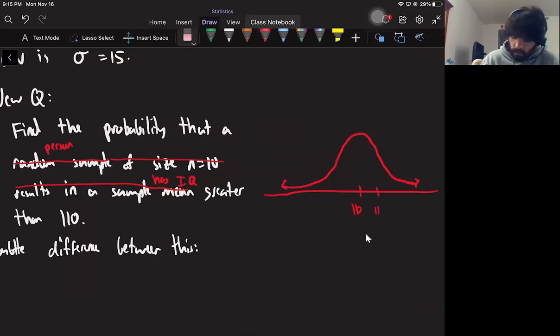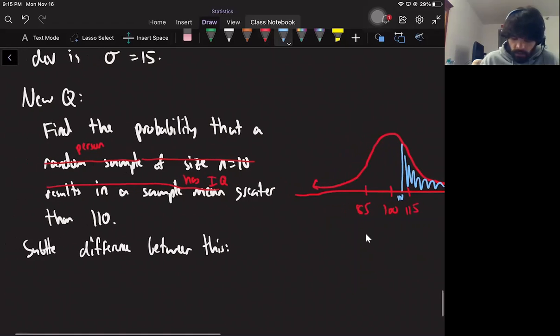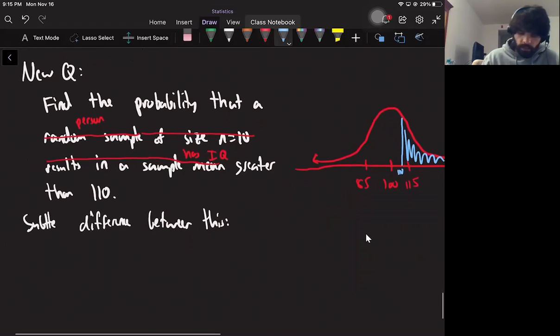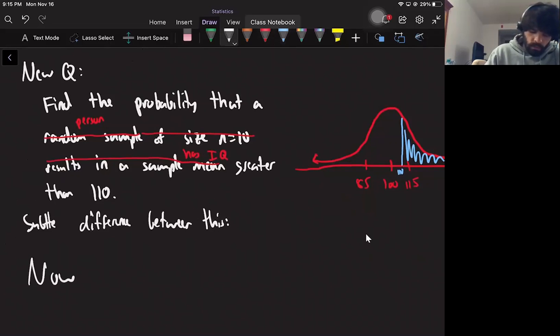The middle's 100. And then we would say, okay, I'll look at 110, which is about there, and I'm trying to find this area. So that was the before type of question. But now we're looking for sample means on the sample distribution.